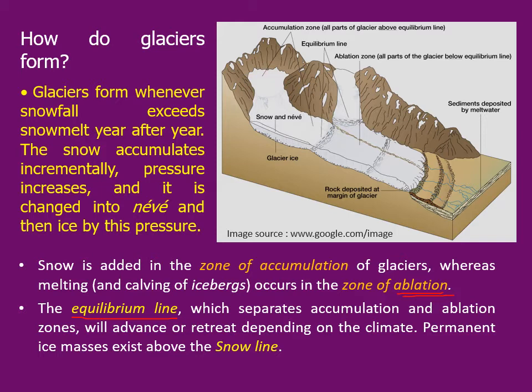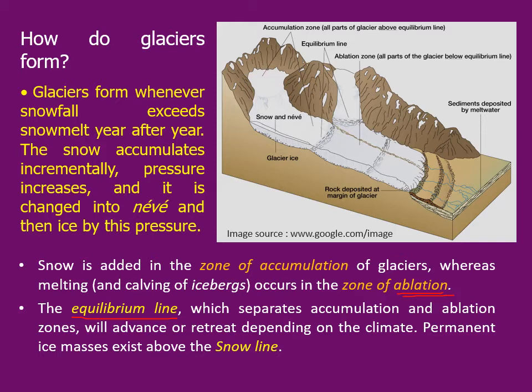So you can have an idea what happens during seasonal variation. During winter time, when throughout the entire area the temperature becomes lower, there will be more accumulation than ablation. So the glacier proceeds more towards the downslope areas. That means the equilibrium line will be shifted more towards lower altitude, more towards downslope areas.